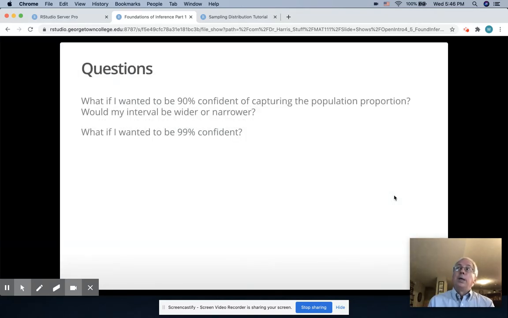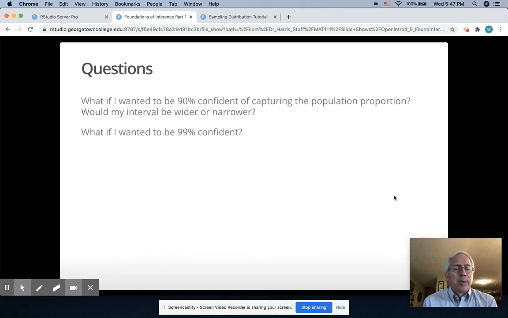So let's observe that we don't always deal with 95% confidence. Sometimes we want a method that works only 90% of the time, and sometimes we want to use a method that might work 99% of the time. So the question we want to ask, and I'd like you to think about before you move to the next slide, and maybe before you advance this video anymore, is if I wanted to be just 90% confident of making sure that the population proportion was in the interval, would my interval be narrower than the 95% confidence interval, or wider than the 95% confidence interval?